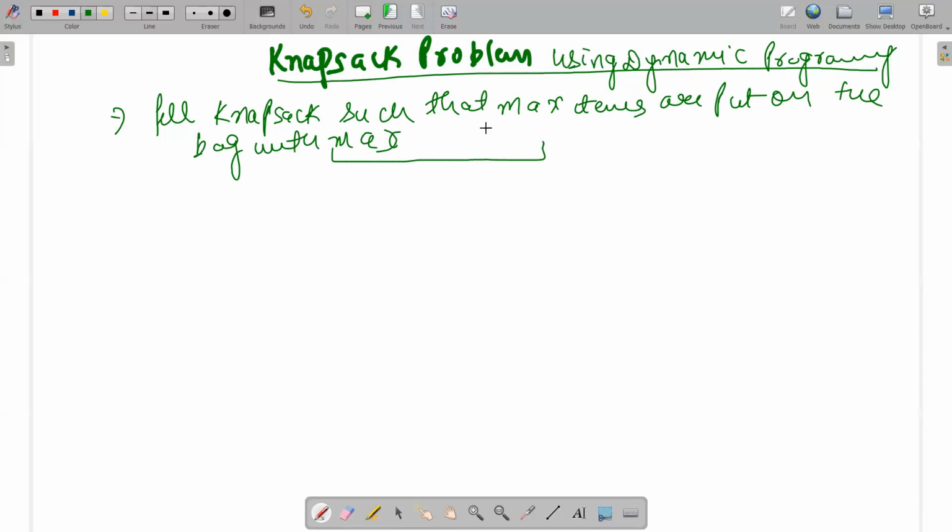Guys, maximum profit is the most important part of this entire problem.